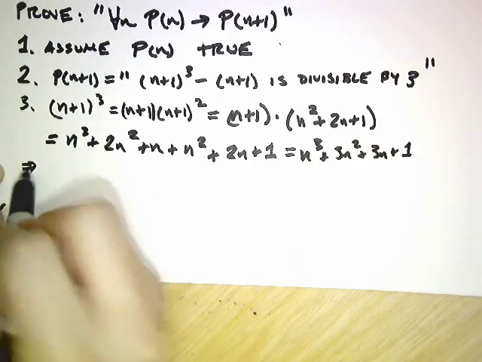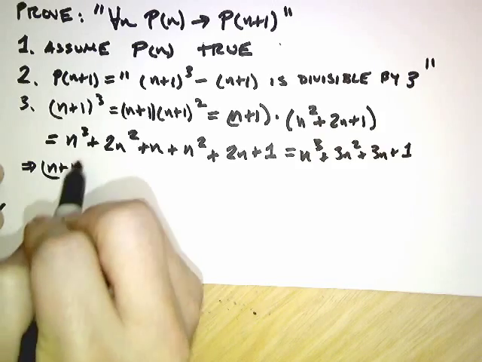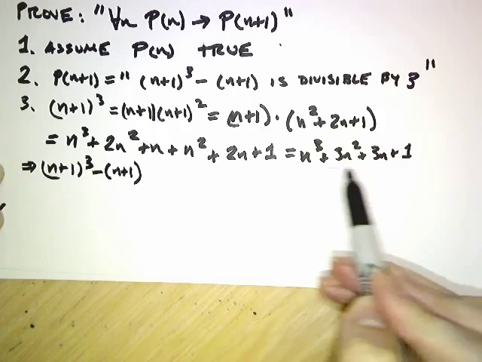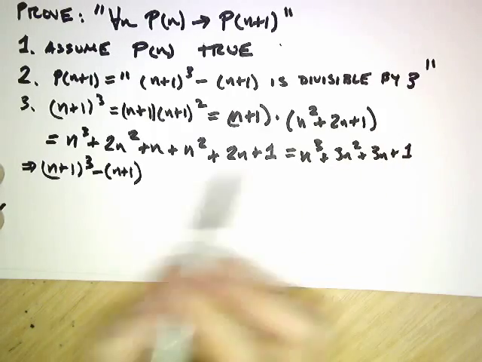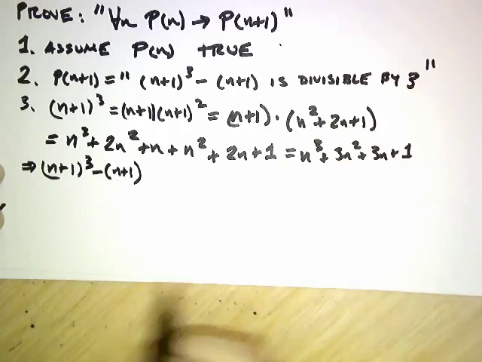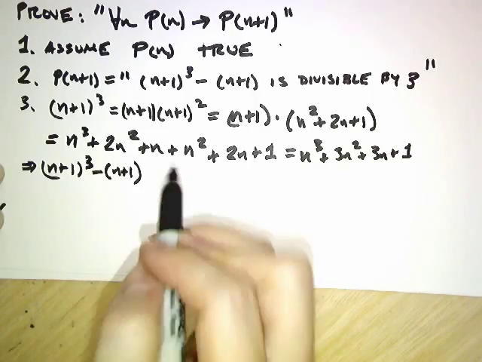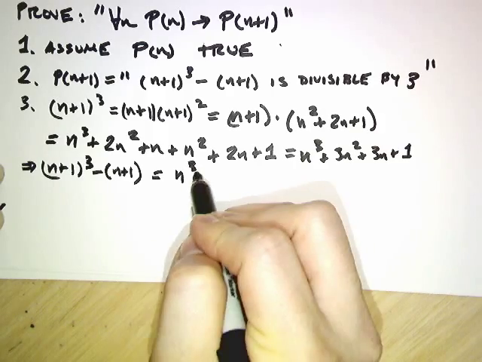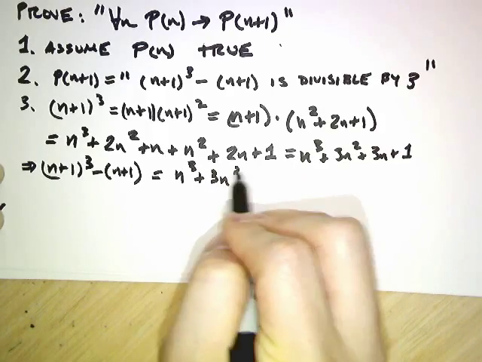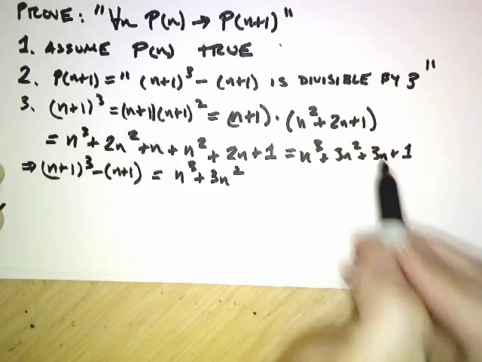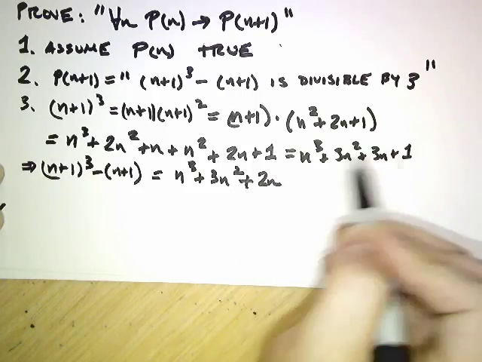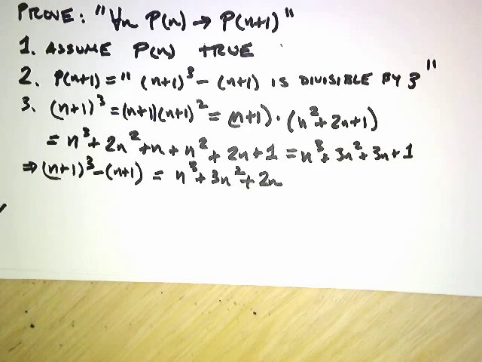This implies that n plus 1 cubed minus n plus 1 is equal to this quantity minus n minus 1. So that's going to be equal to n cubed plus 3n squared, I'm going to subtract an n here, so that's plus 2n, and then I have to subtract a 1.